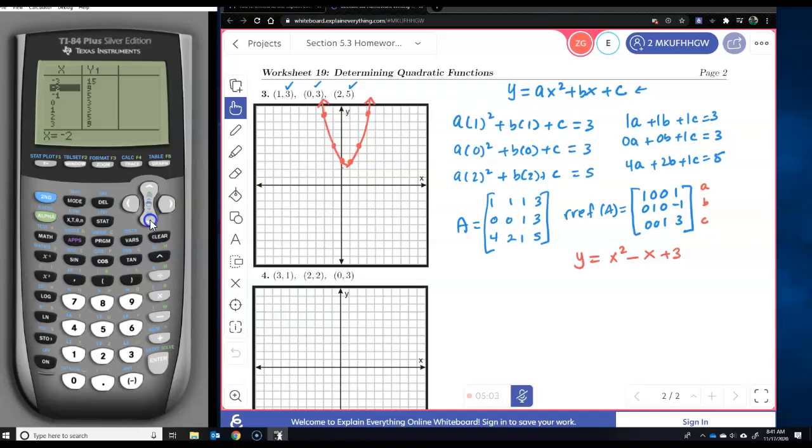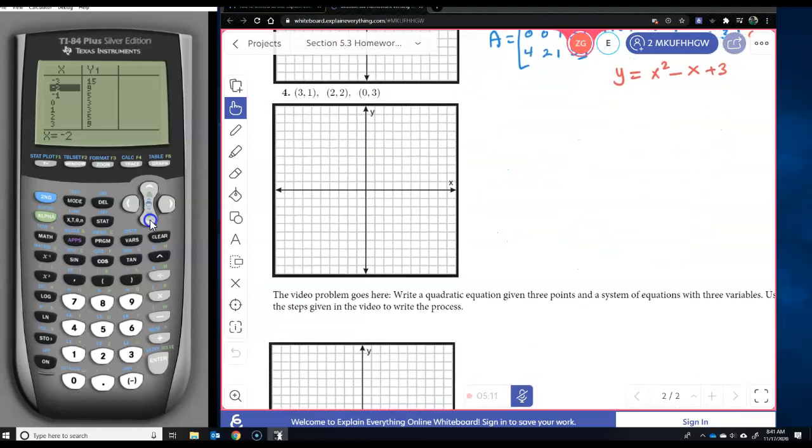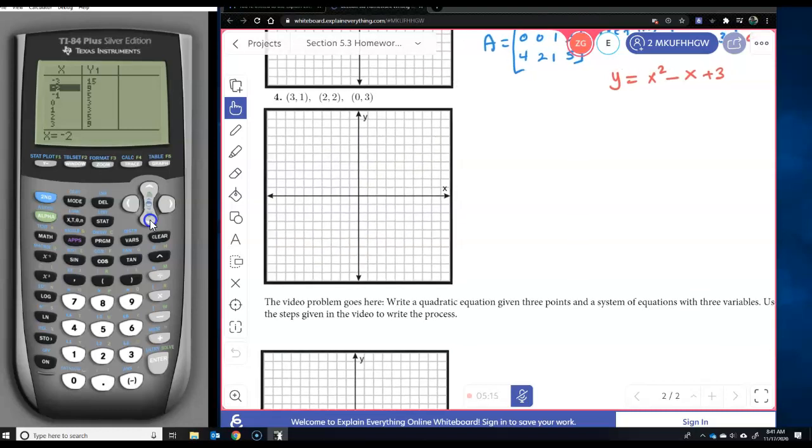Okay. So let's go ahead and do the next example, or the next homework problem. And once again, we're going to come up with our equations. So we have our standard form of equation.